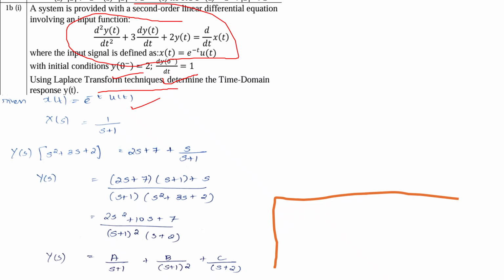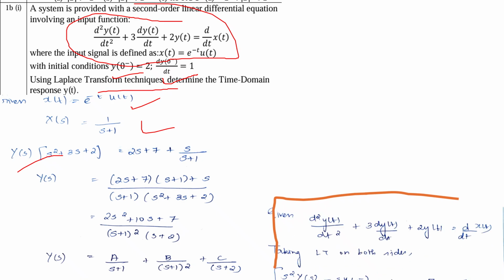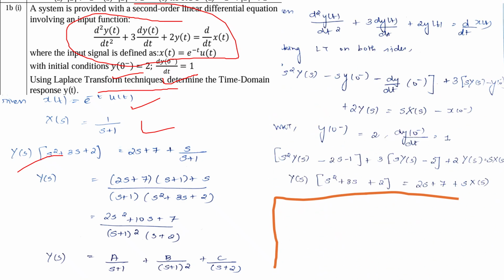So x of t and x of s are given here. Y of s will be, s squared plus 2s plus 2, and how exactly will you get it? Okay, let me start from the beginning. From here you can write d square y by dt square, and use the same technique, the differentiation property.